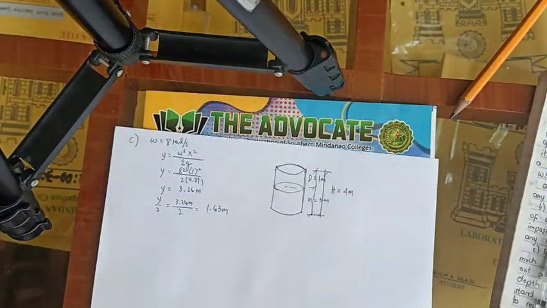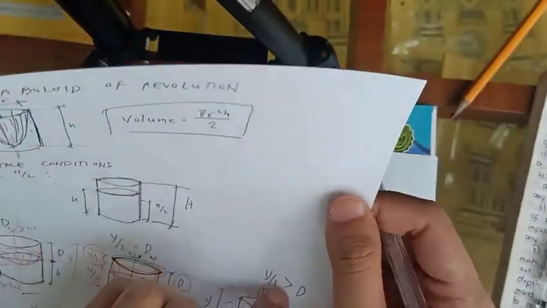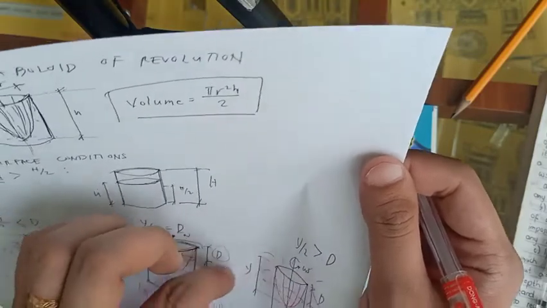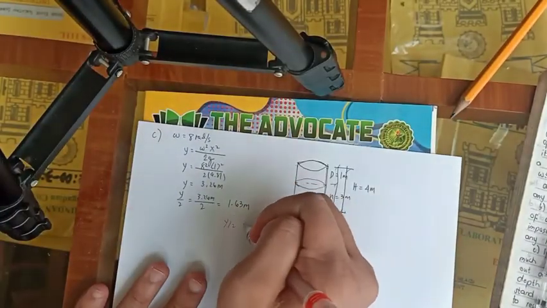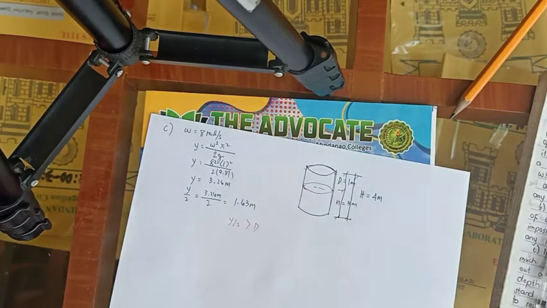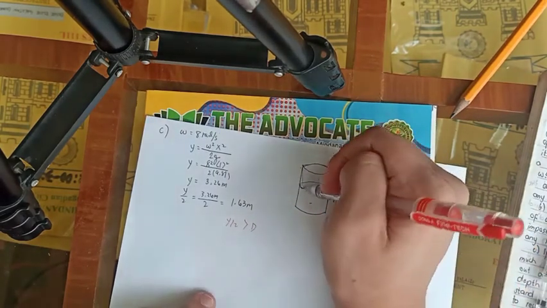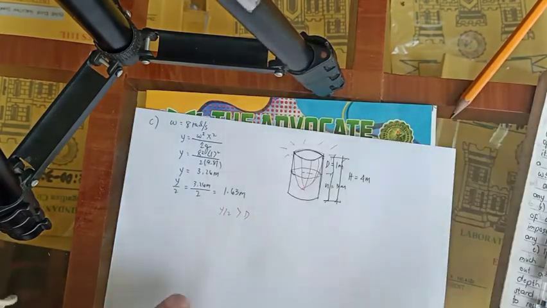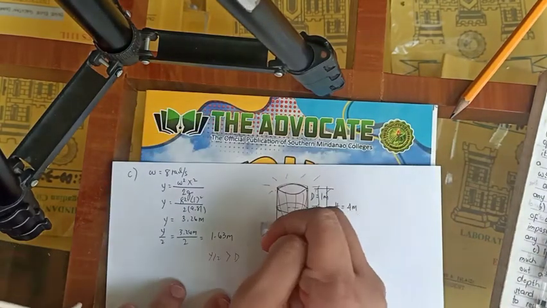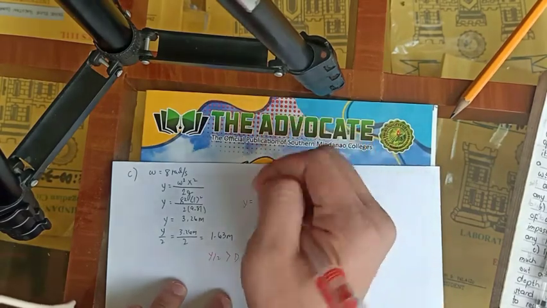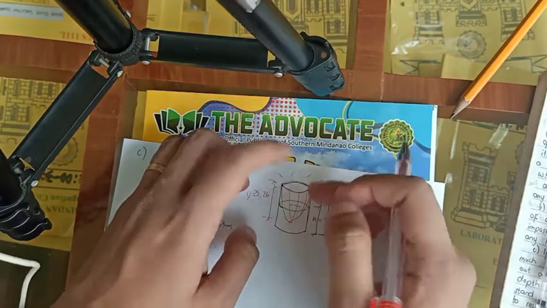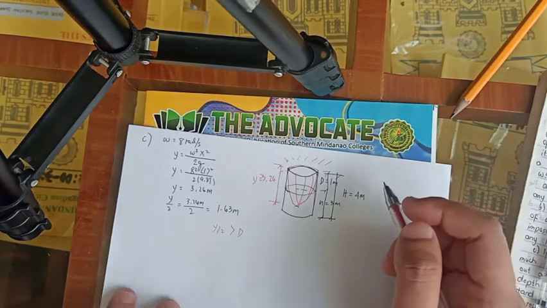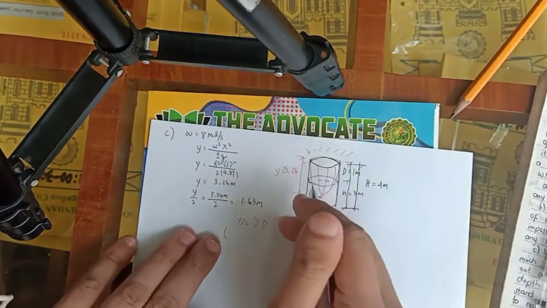Based on the statement, y over 2 is greater than D, so there is spill of water. So our illustration is like this, with y equal to 3.26, but it goes beyond the rim, so we imagine the water spilling. Again, this condition means some liquid spills.